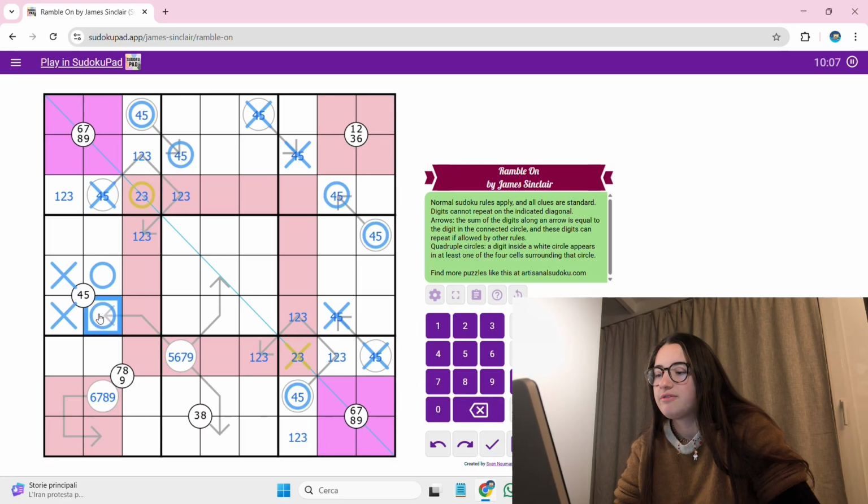So let's suppose this is a 4. Okay, this could be a 1, and this being a 5 could be fine, because we could have 2 and 3. Can we have 2 and 3? No, we can't have 2 and 3. So 1 must be here.